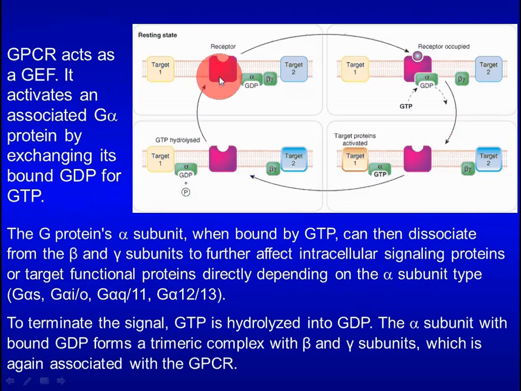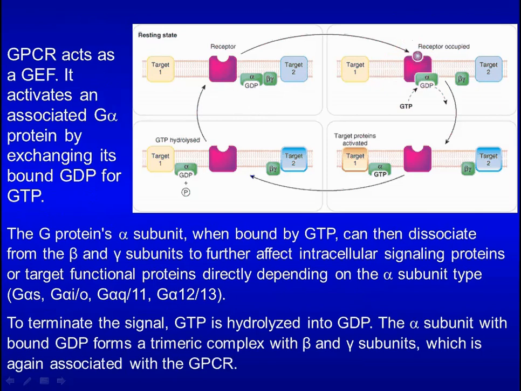Here is the receptor, and here is trimeric G protein comprised of alpha, beta, and gamma subunits. When a ligand binds, the receptor is activated. It acts as a guanine nucleotide exchange factor, or GEF.